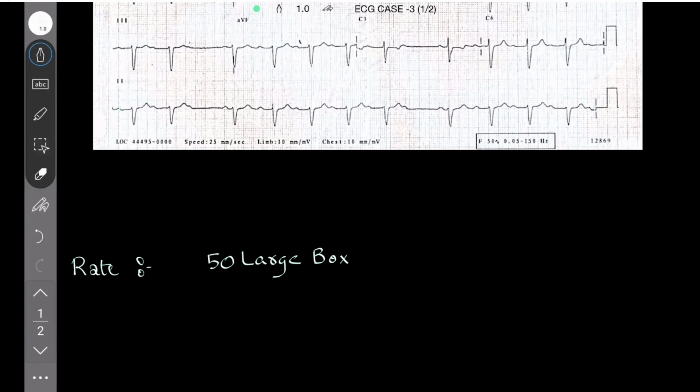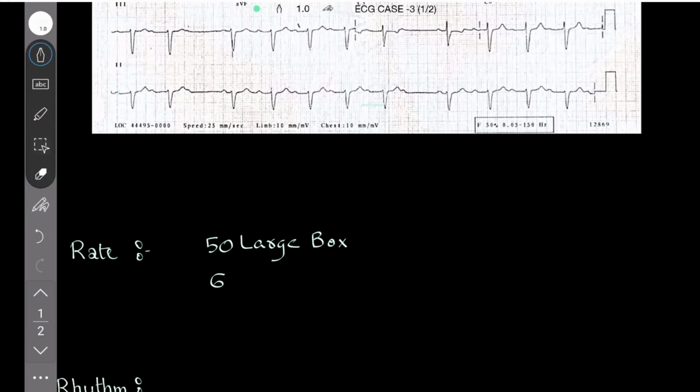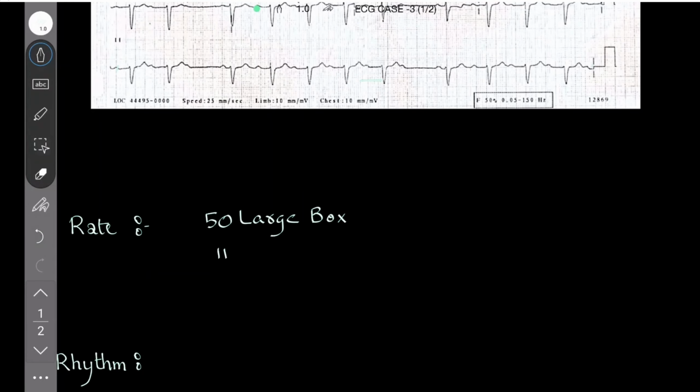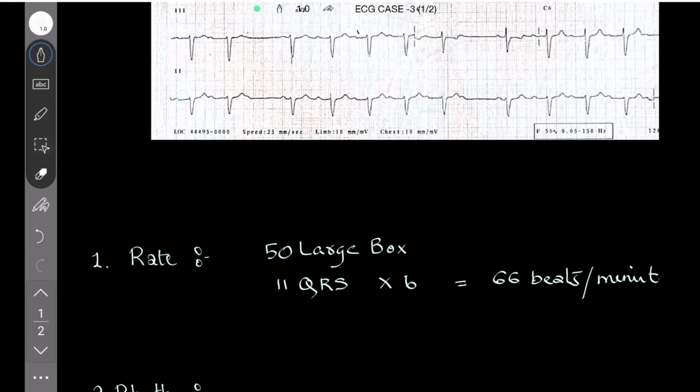Because this is an irregular rhythm. You see this interval, this interval, this interval, everything is different. That's why we count the number of QRS complexes in 10 seconds. There are 11 QRS complexes. You multiply it by 6, it will be 66 beats per minute. Okay, that is about the rate.